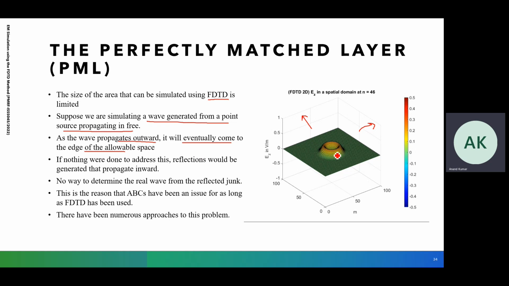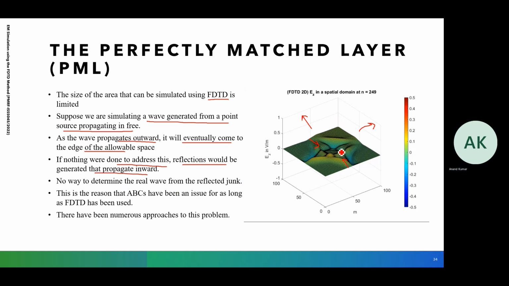A Gaussian pulse is generated at the center of the space, and the wave propagates outwards. As it propagates outwards, in the absence of absorbing boundary conditions, due to no matching, it gets reflected back. If nothing were done, the reflections would be generated and would propagate inwards. As they propagate inwards, they will interact with the region of interest.